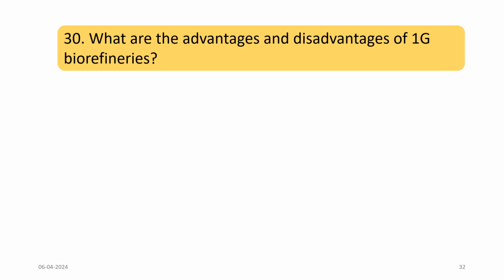Next question, what are the advantages and disadvantages of 1G biorefinery? So we have seen that in the first generation biorefinery, edible things are the raw materials like rapeseed oil, sugar cane, corn starch, right? And it produces biodiesel, bioethanol, polylactic acid, right? But there are some disadvantages and advantages also.